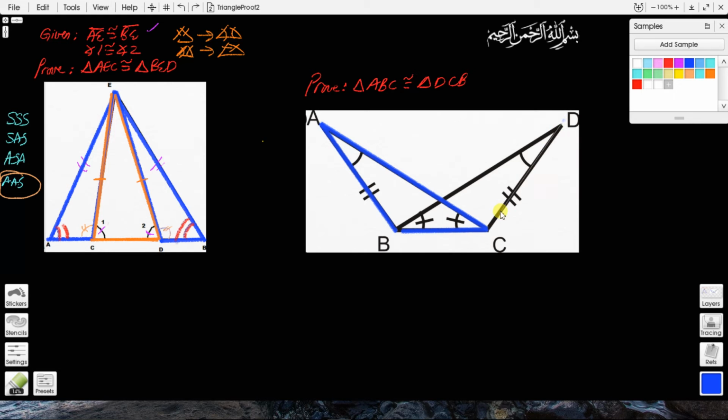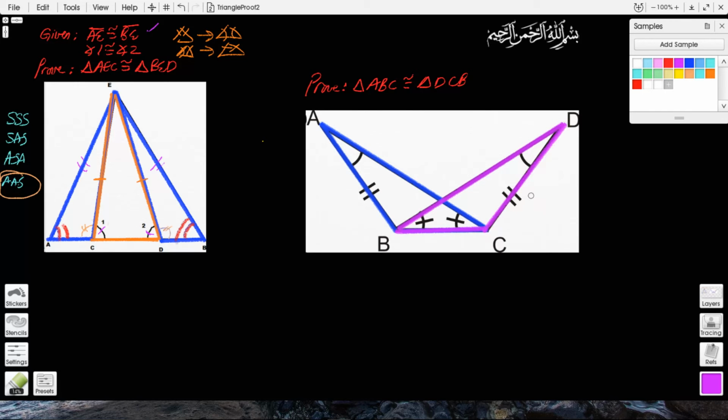That's D over here, C and B. Maybe I could draw the second triangle with a different color, so you can see. So here's this triangle and that triangle.